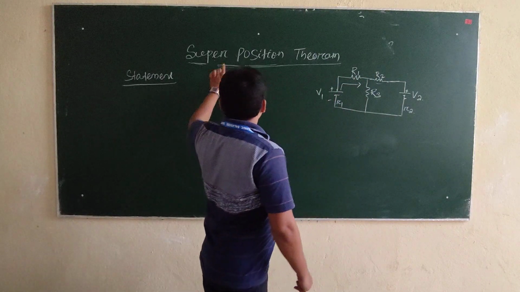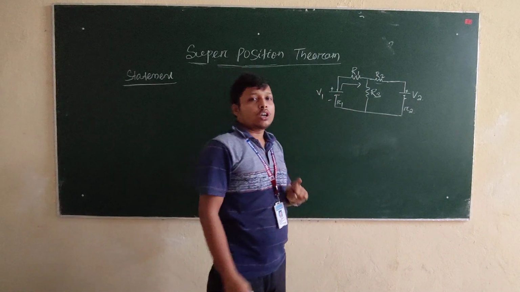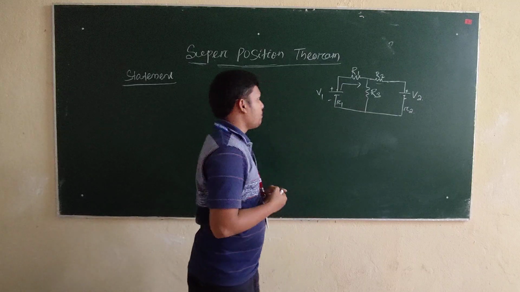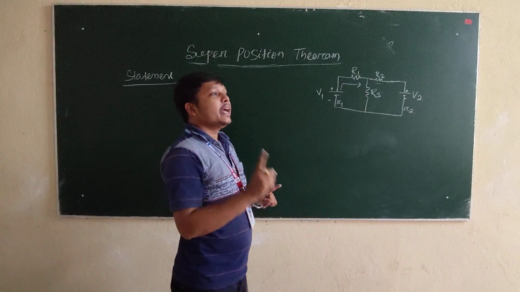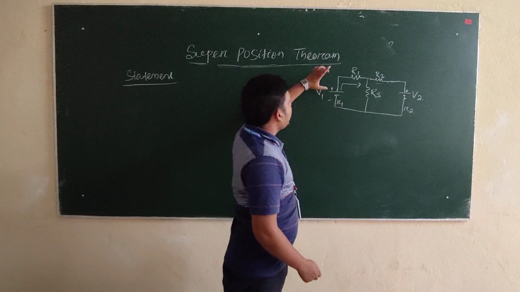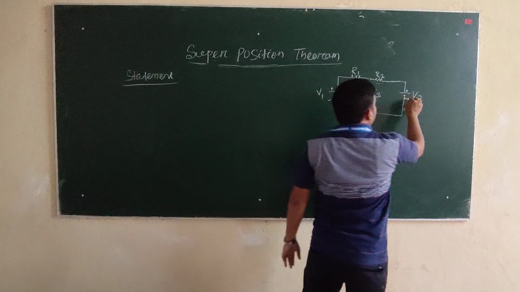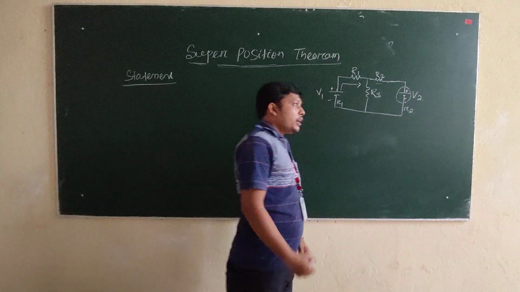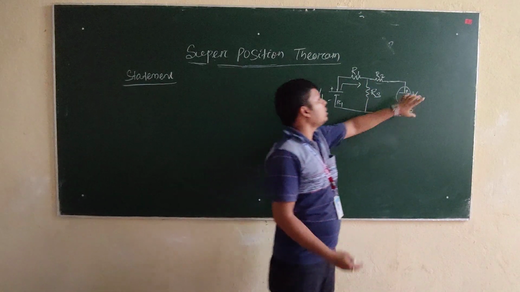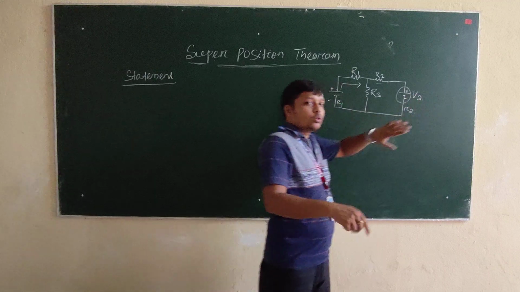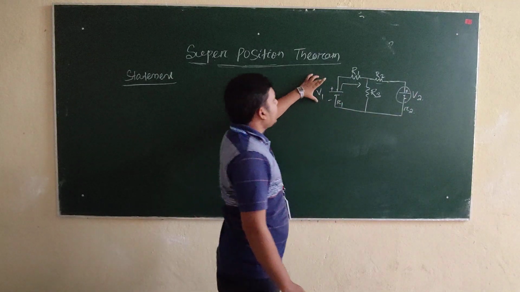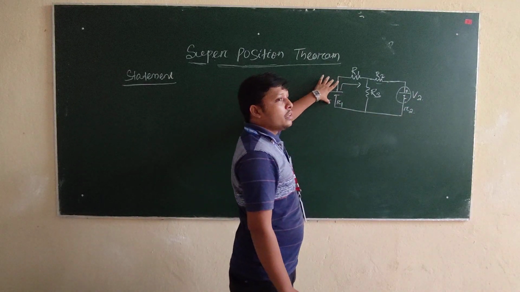To apply this theorem, we have to consider one source at a time. So if we consider the voltage source V1, then we have to omit the source V2. If we consider the source V2, then we have to omit the source V1.